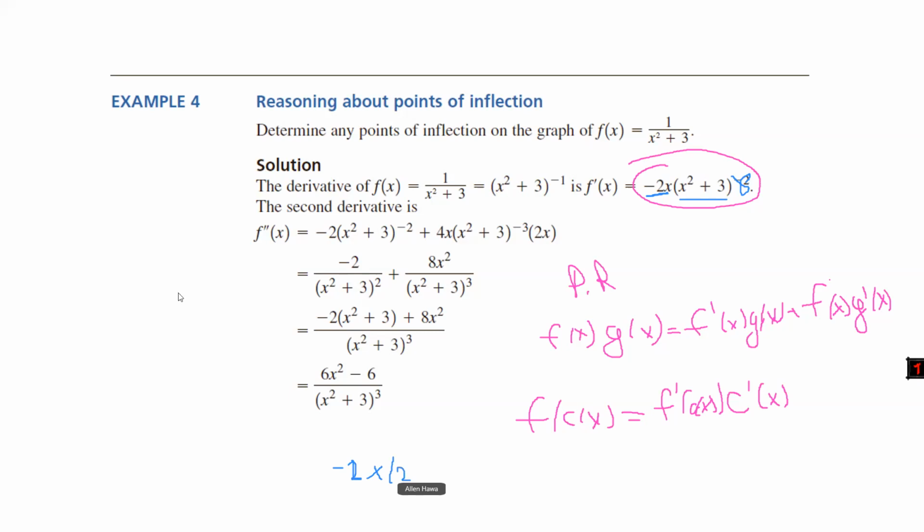And then plus -2, because that's the prime of f of x, and then you get x squared plus.